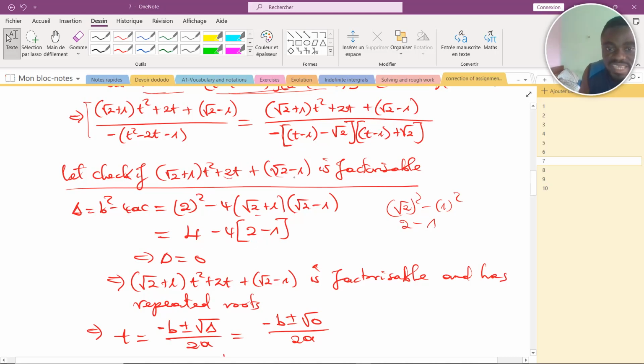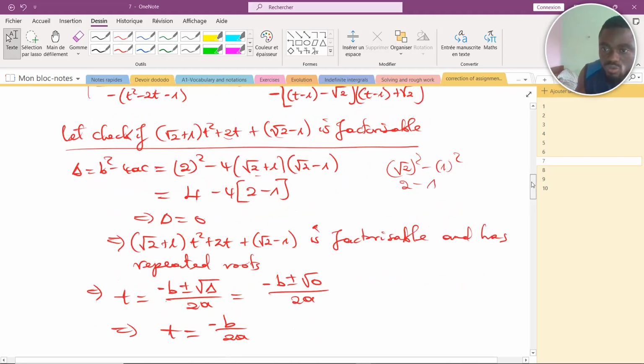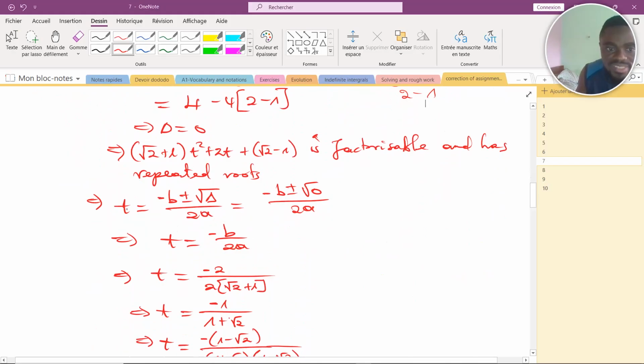This means that this expression is factorizable. And how are its roots? Its roots are repeated. So we are going to find those roots. Using the quadratic formula, my t will be minus b plus or minus the square root of delta over 2a.